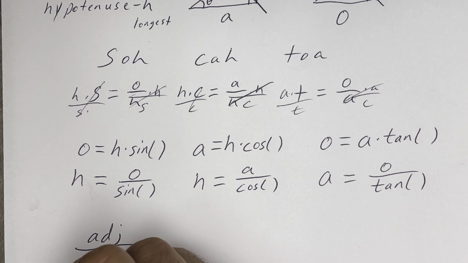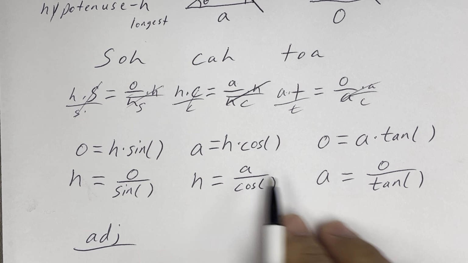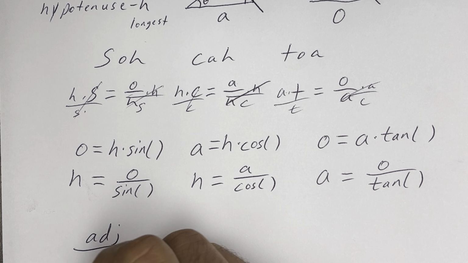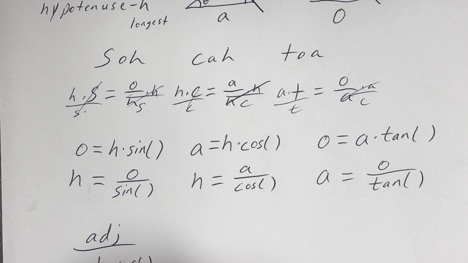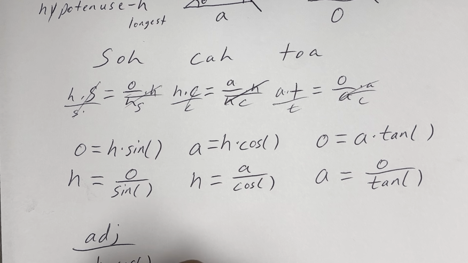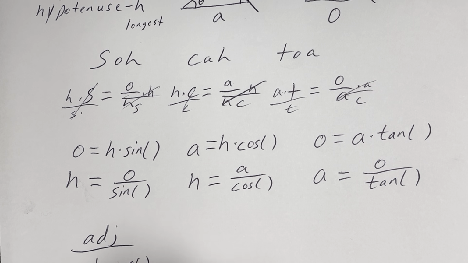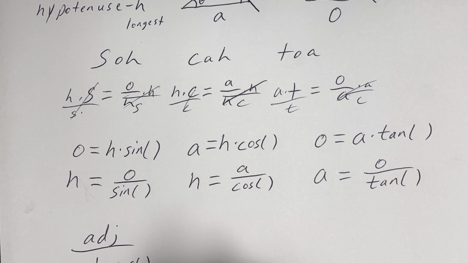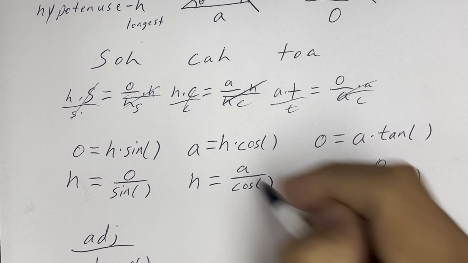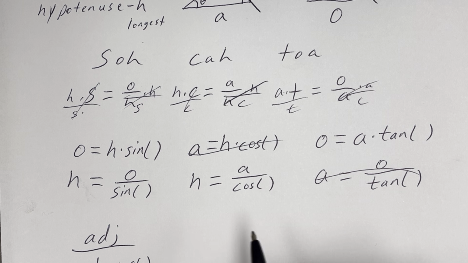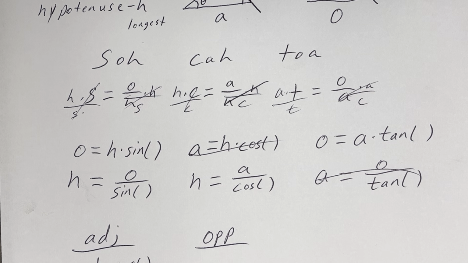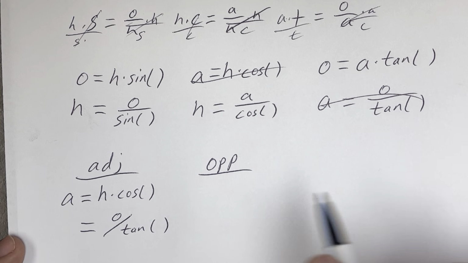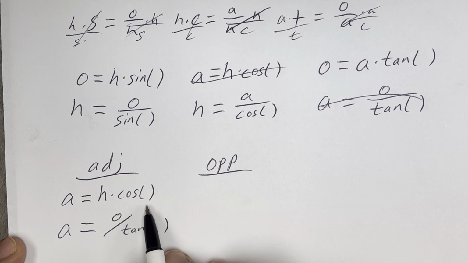So adjacent either equals the hypotenuse times the cosine of the angle, or it equals the opposite divided by the tangent of an angle. Okay, so I did those two. So again, adjacent either equals hypotenuse times the cosine of an angle, or opposite divided by the tangent of the angle.